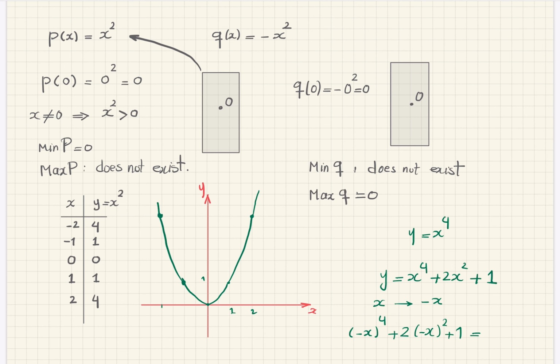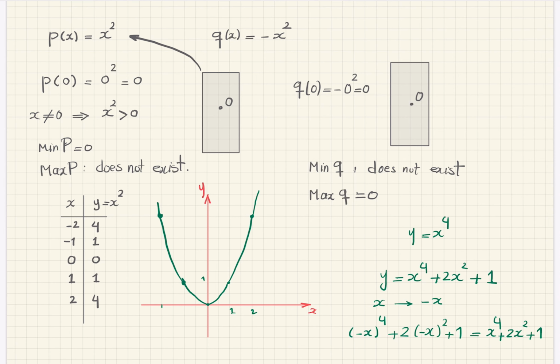It becomes what? This is x to the 4, yes? Because this negative sign under the influence of this even power will go away. Minus x to the 4 means minus x multiplied by minus x multiplied by minus x multiplied by minus x, so it becomes positive x to the 4. And this next term, for the same reason, becomes 2x squared, and this becomes 1.